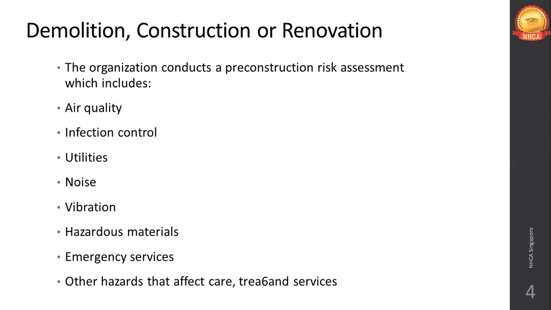Hazardous materials used during construction: make sure no hazardous materials are used. Flammable materials used should be handled with care. Emergency services during demolition or construction: which route has to be used, through which the passage emergency services can be reached, has to be informed.